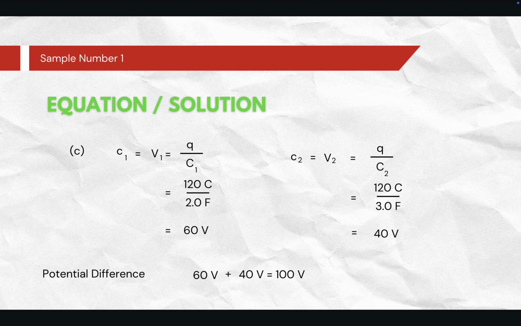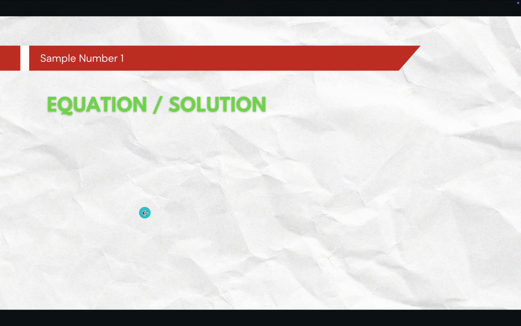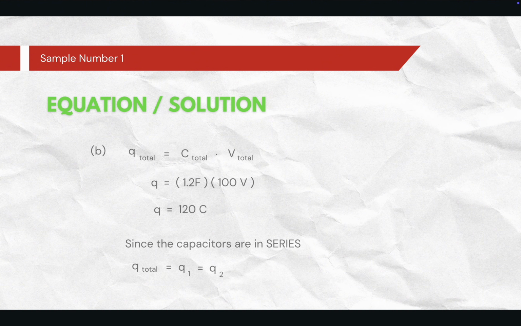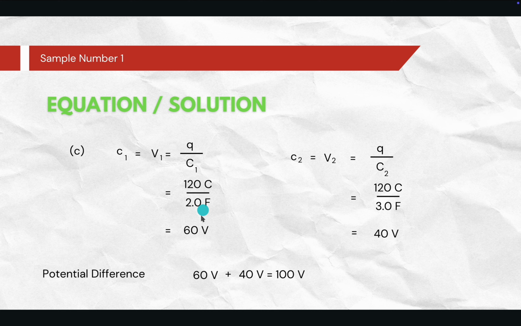Itong charge na to, 120 C, yun yung nakuha natin sa letter B kanina. And then yung 2.0 F, yun yung given na capacitor number 1. So, 120 over 2.0 is equal to 60 volts.